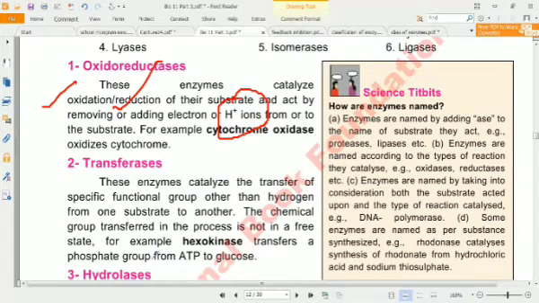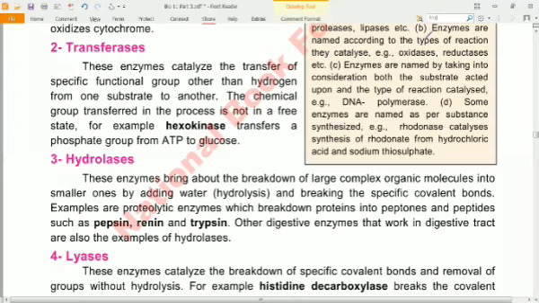It transfers a phosphate group from ATP to glucose, so it makes glucose 6-phosphate. It takes phosphate from ATP and gives it to glucose.